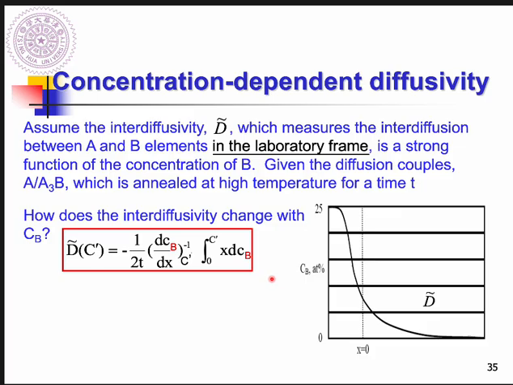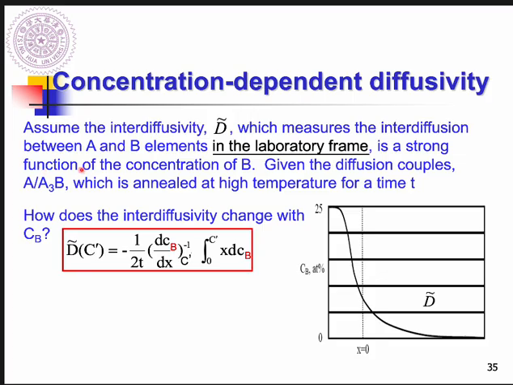So let's move to the next slide to give you an example here. When we deal with concentration dependent diffusivity, we assume the interdiffusivity D, which measures the interdiffusion between A and B elements in the laboratory frame. We learned this before.